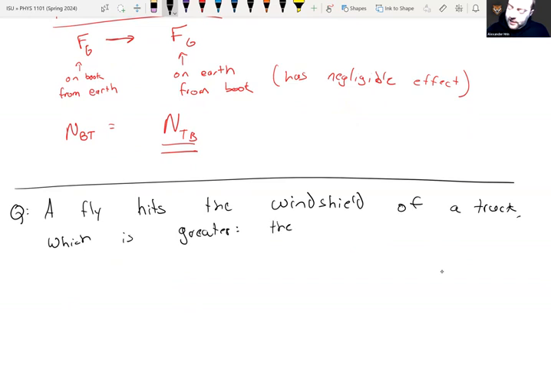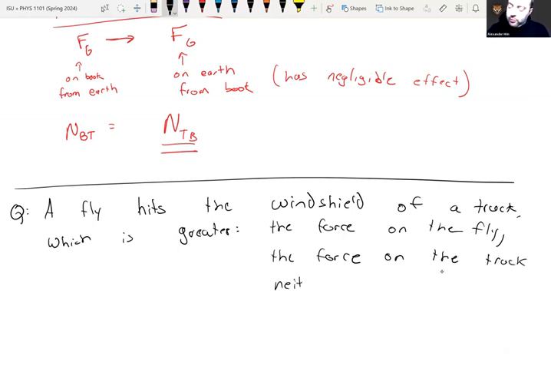The force on the fly? The force on the truck? Or neither? Pause this and think about not just whether you know the answer, but why this is the case.